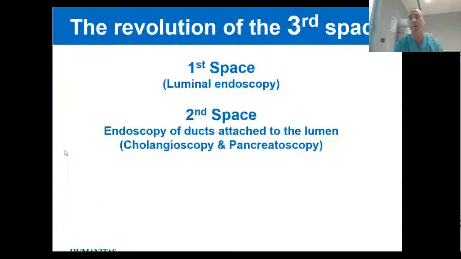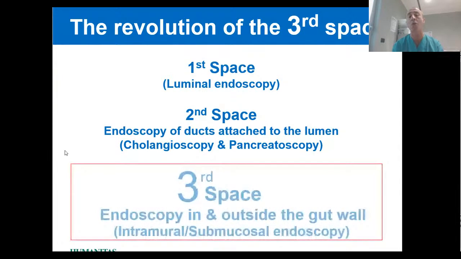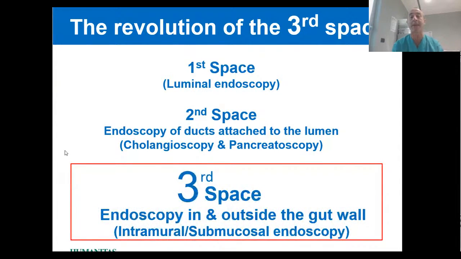The solution is the third space. We as endoscopists were used to working in the first space, luminal endoscopy, and the second space, cholangioscopy and pancreatoscopy, and now we have the third space, which is endoscopy in and outside the gut wall.